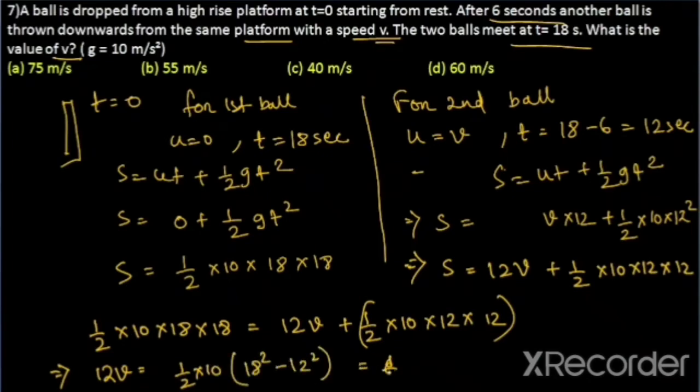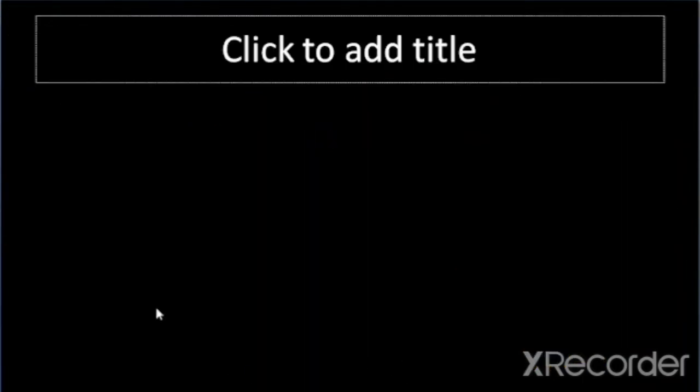That is 5 into 18 plus 12 into 18 minus 12, which will become 12v is equal to 5 into 30 into 6, since 18 plus 12 is 30 and 18 minus 12 is 6.